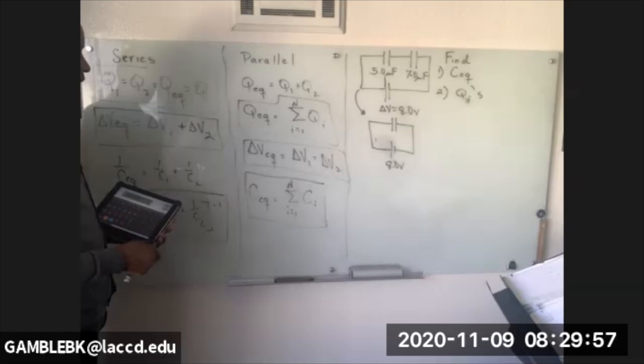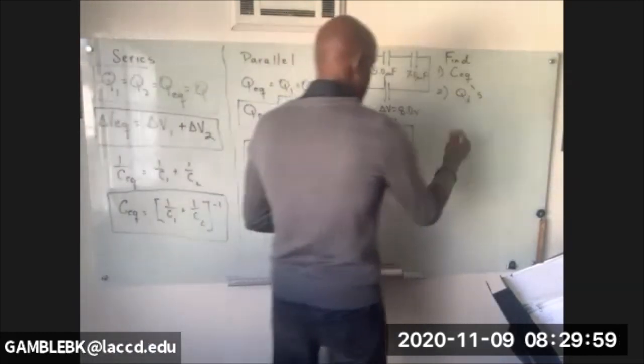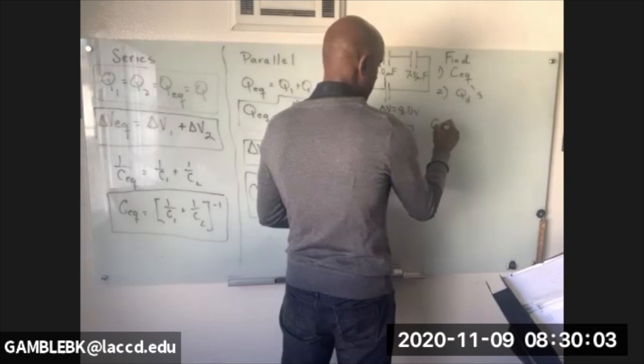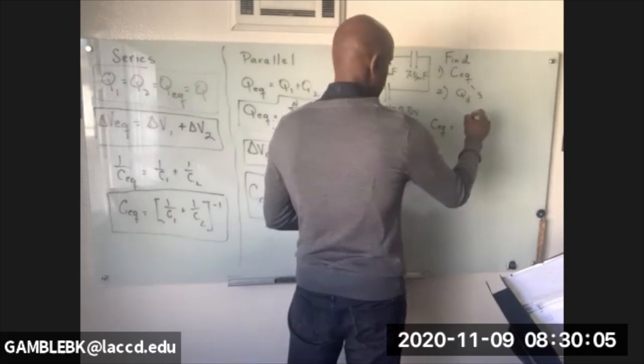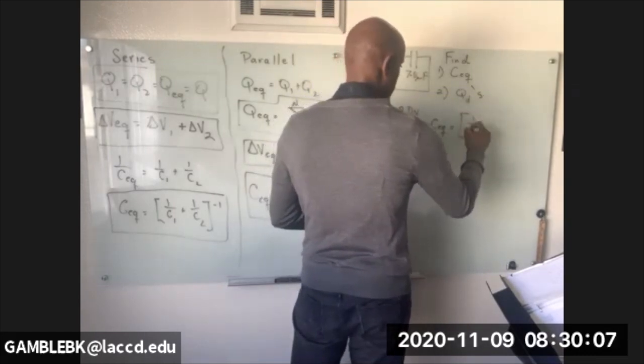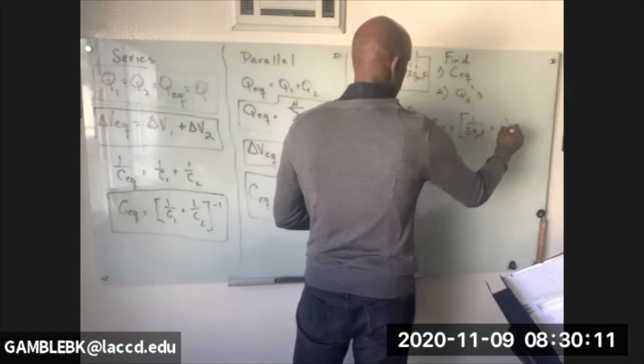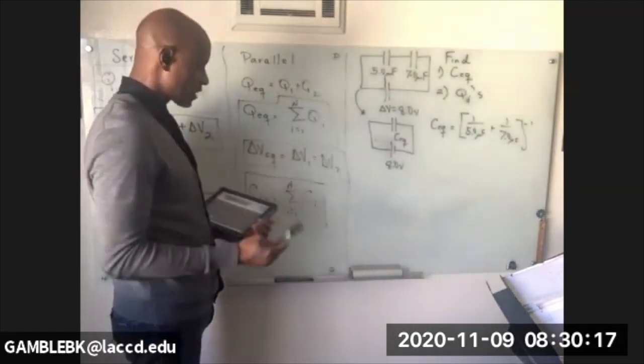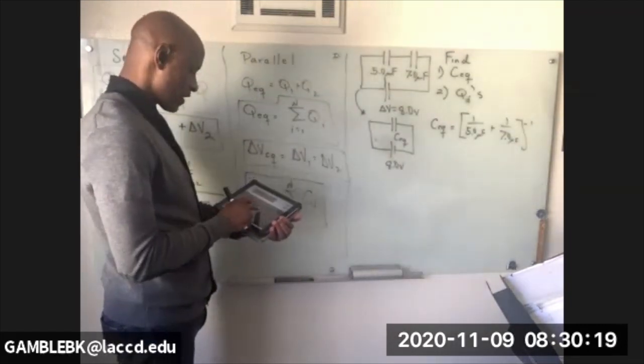So I've got 5 and 7. The equivalent capacitance will be 1 over 5.0 microfarads plus 1 over 7.0 microfarads. And then once you add those, you take the reciprocal again, and that will give you the answer.